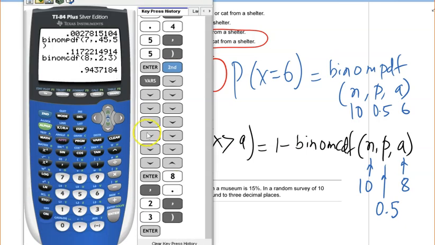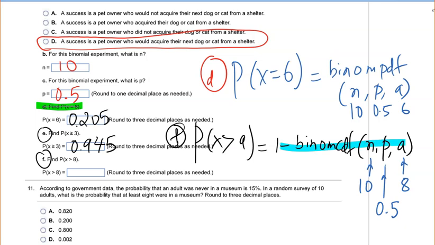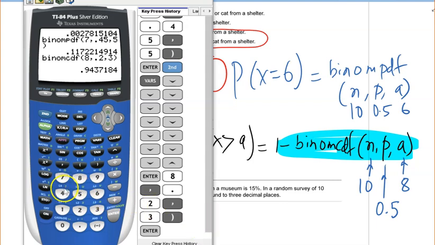Let me put that in for you. Always start with the 1 minus. You're putting all of this together in the calculator, because the calculator does the calculation for you. Start with the 1 minus.